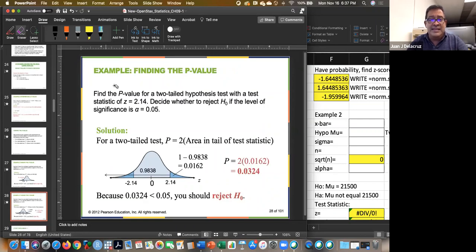We have another case. Find the p-value of a two-tail test with the test statistic Z equal to 2.14, and decide whether to reject H naught if the level of significance is 5%.